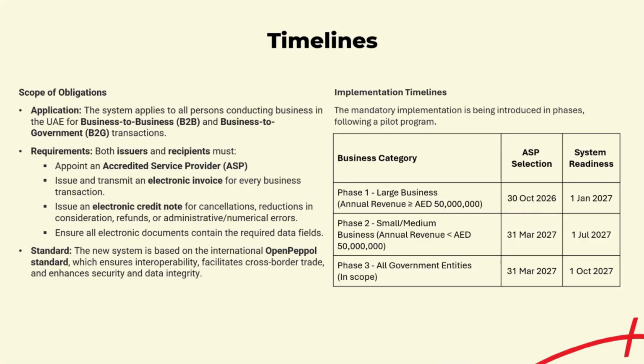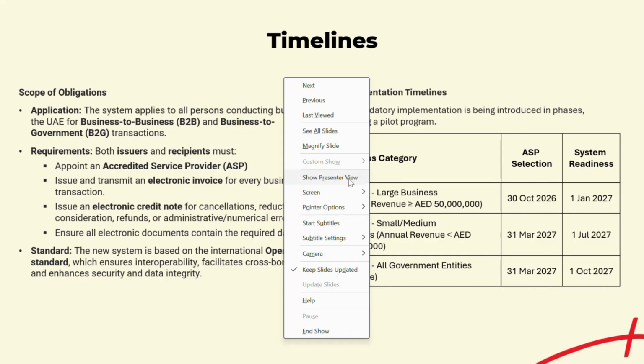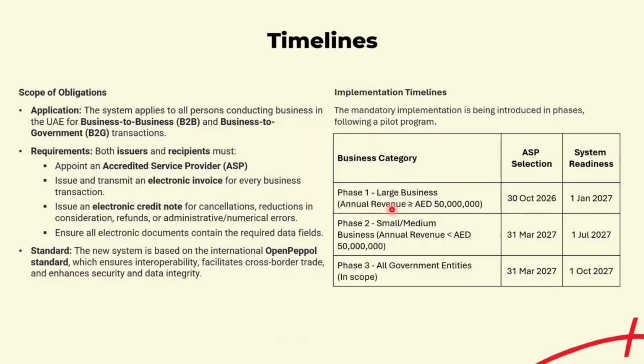So yes, if you are wondering which category you fall in, when you have to start, and what the timeline and deadlines are, right here, as you can see, all those businesses whose latest turnover, latest corporate tax filing, or latest year-end closure report states a turnover above 50 million, you must select an ASP by 30th October this year, and you will start issuing your first e-invoice from 1st Jan 2027.